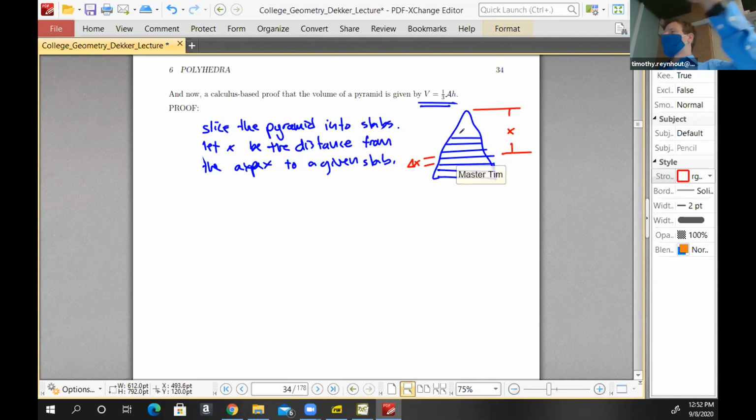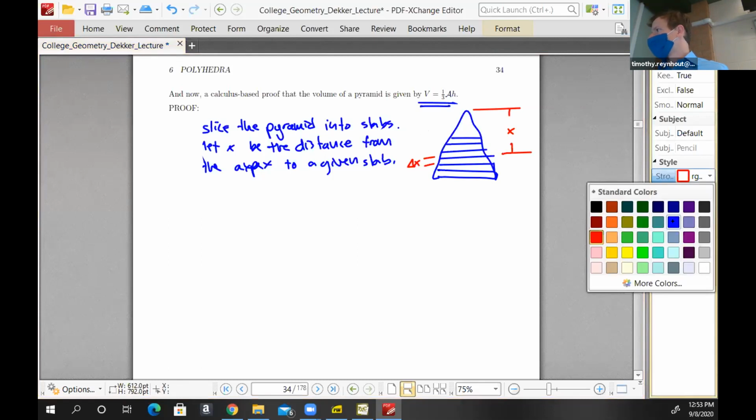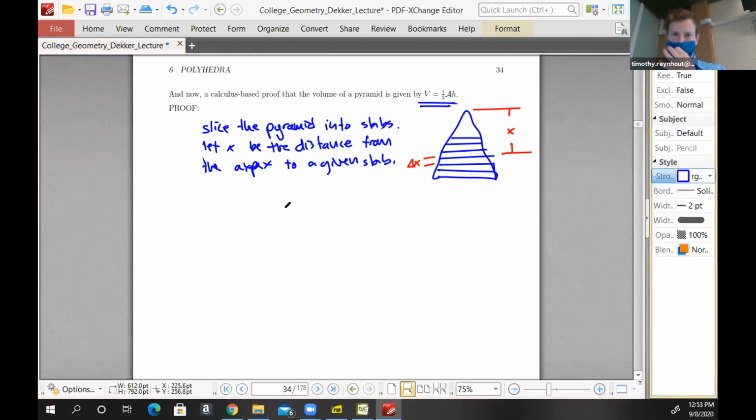When the distance is from the apex to one of the slabs, we're going to integrate either from the apex to the base or the base to the apex, whichever way you want to think about that. But then we need a way to say, what are our increments of change here? Well, our increments of change are how much we're changing in x, so that's the thickness of a slab.